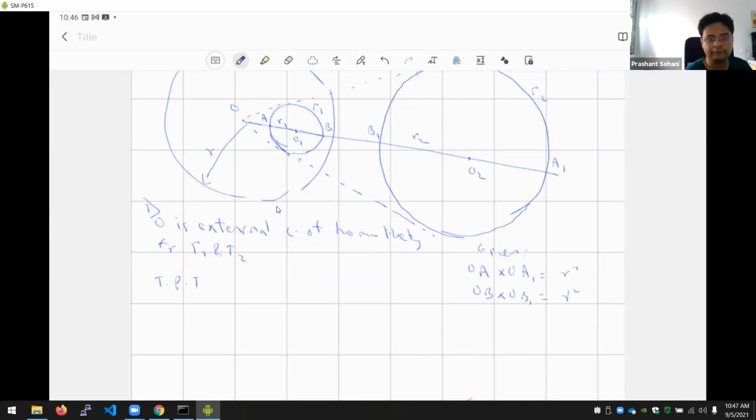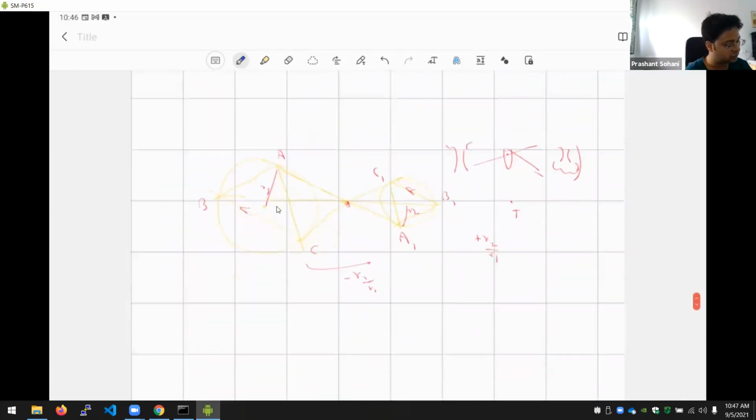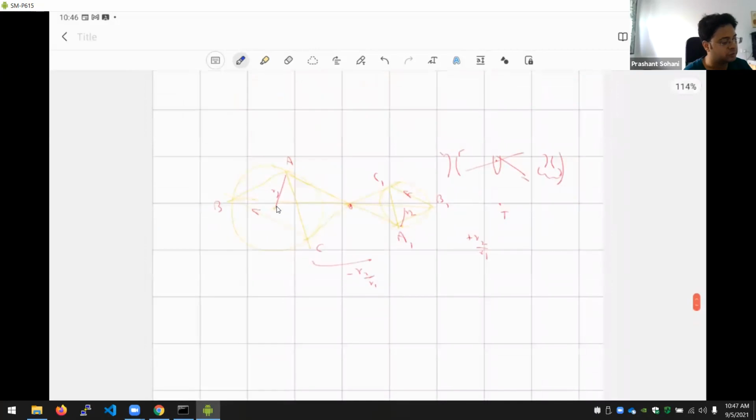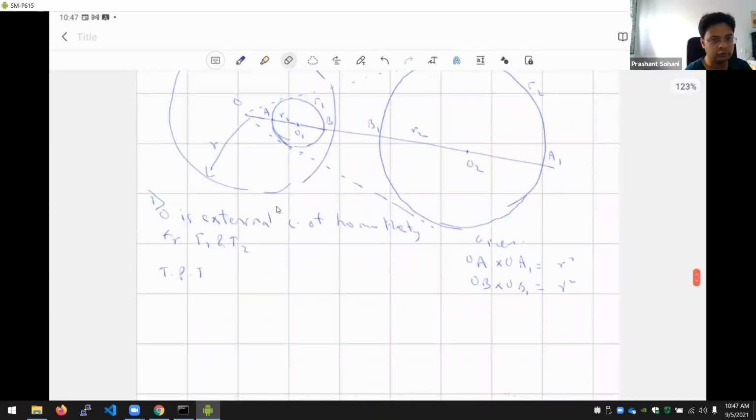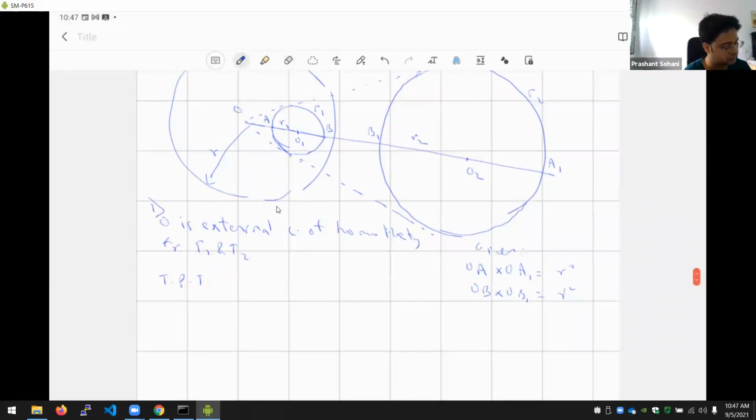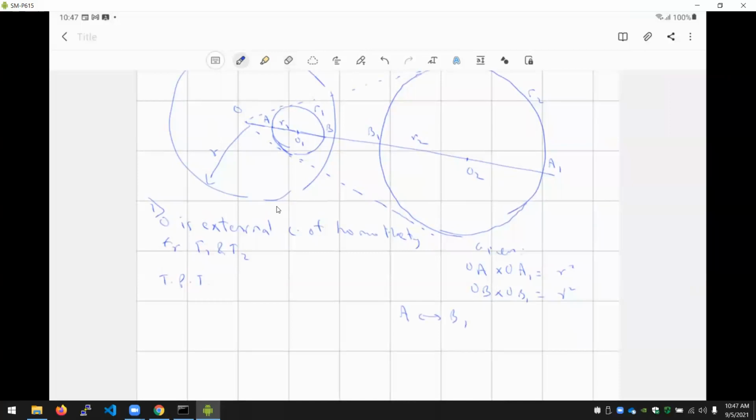Suppose I prove this; unfortunately I erased the image, but homothety implies that there is a one-to-one correspondence between the two objects. In this diagram, do you see that A and B1 will be corresponding to each other under this homothety? Yes. So then what should be the ratio AO upon OB1?